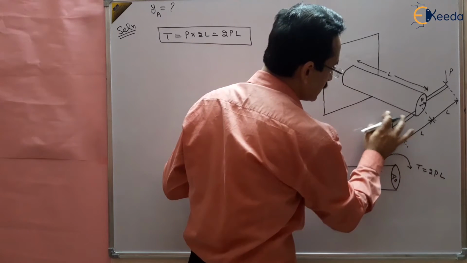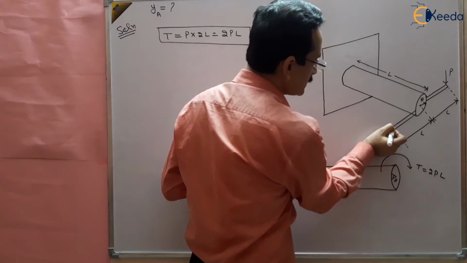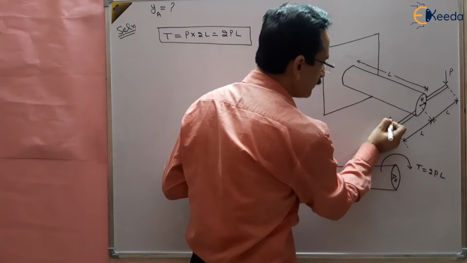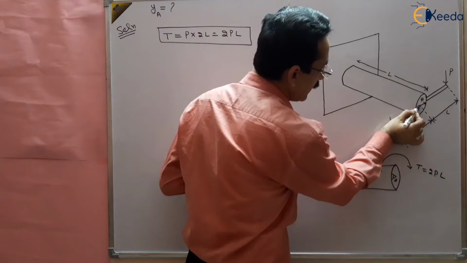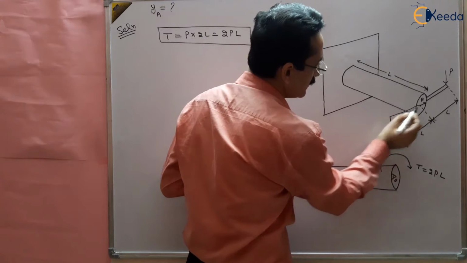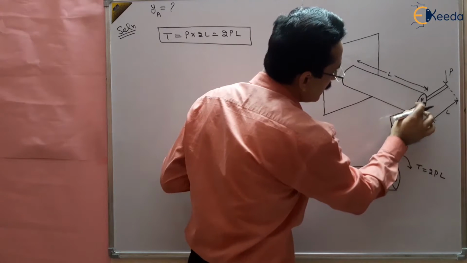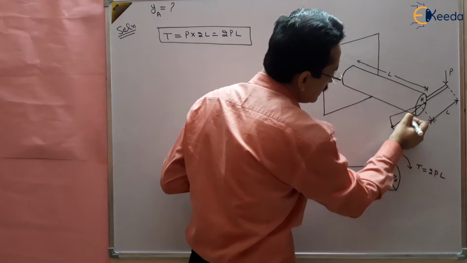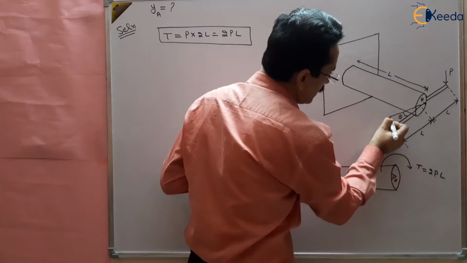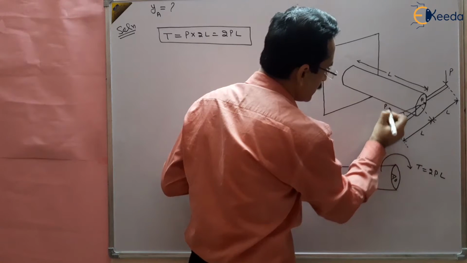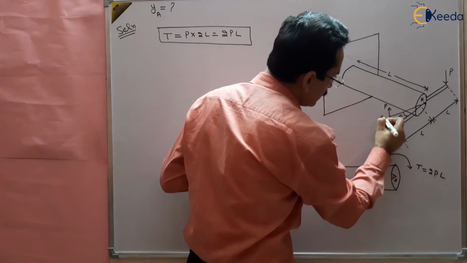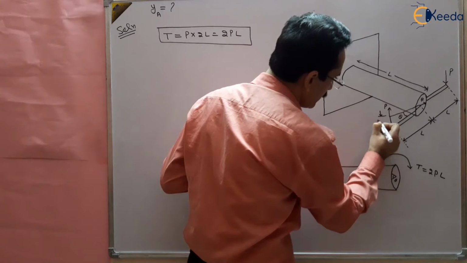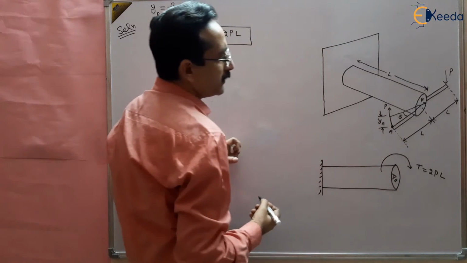Due to this angle of twist there is some vertical deflection in the shaft. So this point A will move vertically somewhat upward due to that load, and we have to find out this deflection YA. Say this angle is theta, and this is the force applied, and point A moves here.